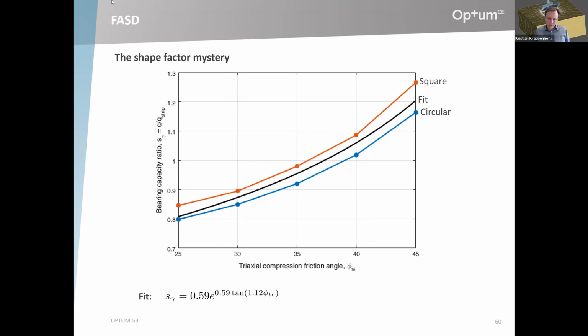So you know that probably the triaxial compression angle is somewhat conservative, but can you really go for a plane strain angle with the Mohr-Coulomb criterion? Well, not really. It's somewhere in between. Where in between, you don't know. And the FASD model then allows you to basically input both angles and have a result that is consistent with that, and also consistent, I think, definitely with, as I showed here, lab scale experiments.